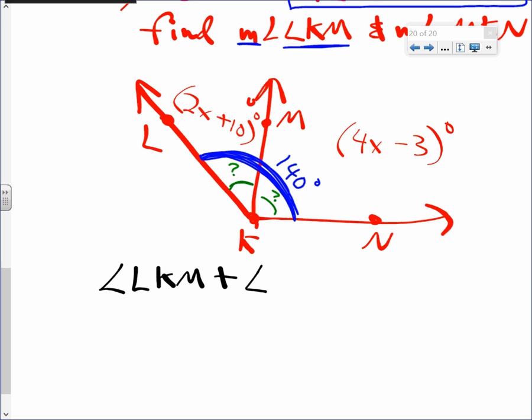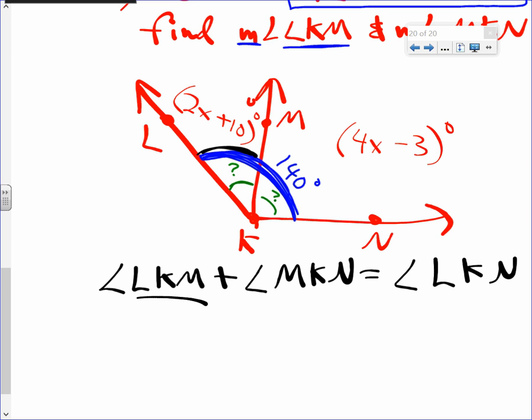MKN equals, if I add those angles up, they equal LKN. Look at angle LKN. That's just basic logic. That's not high-level math there. But you could just see that in the picture. This angle, that's right here, plus this angle, that's right here, is equal to the big angle in blue.